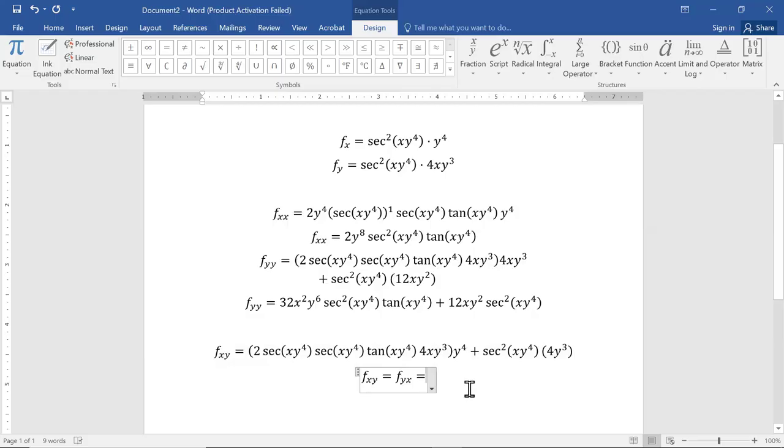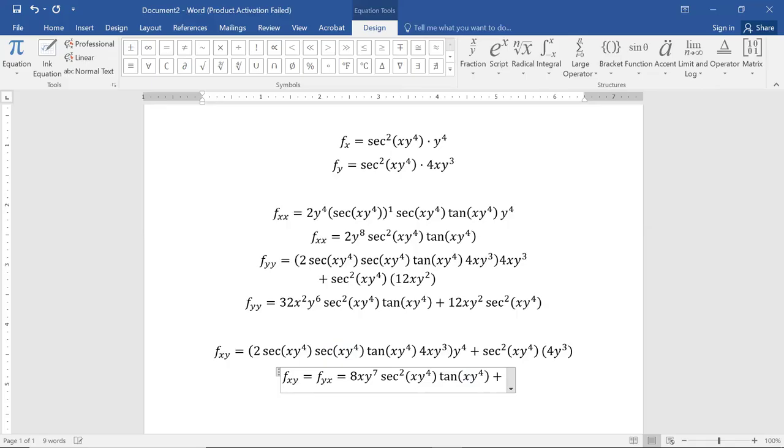That looks like it's going to be 8xy to the seventh multiplied times secant squared of xy to the fourth multiplied times tangent to the first of xy to the fourth.